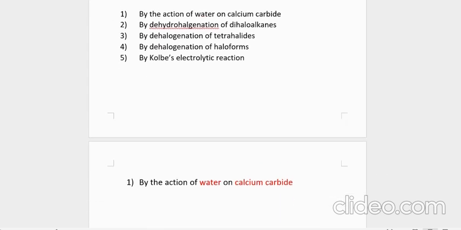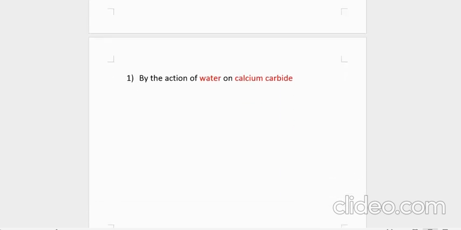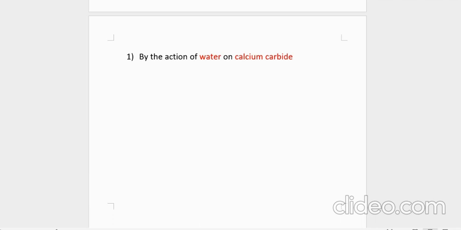Now we will go to the first reaction, that is by the action of water on calcium carbide. So in this, we will go to the reaction. Okay, so by the action of water on calcium carbide. So calcium carbide is carbon, triple bond carbon.